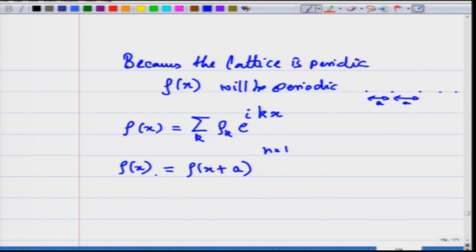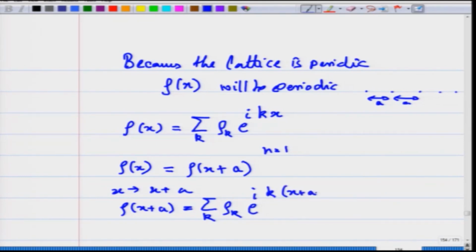Then if I take x to x plus a, what is the Fourier transform of rho x plus a? Rho of x plus a is the summation over k of rho k e raised to i k into x plus a, which is nothing else but rho k e raised to i kx into e raised to i ka.